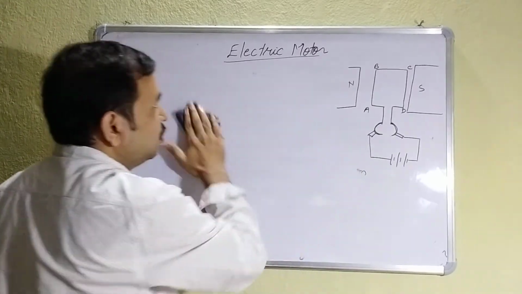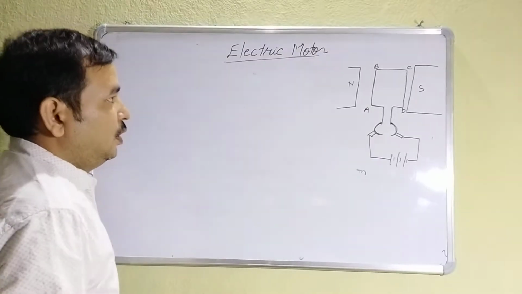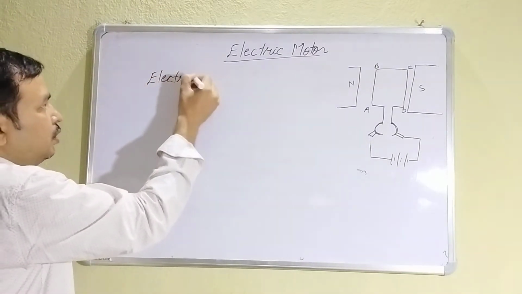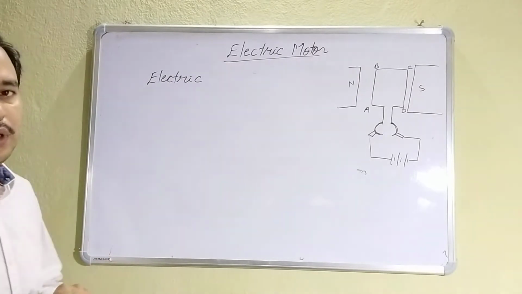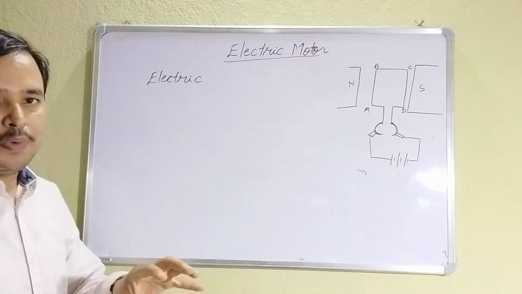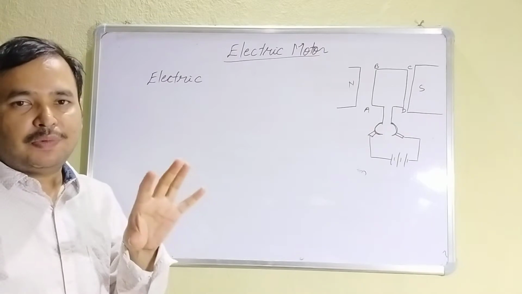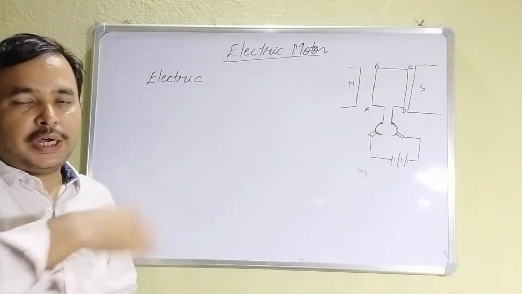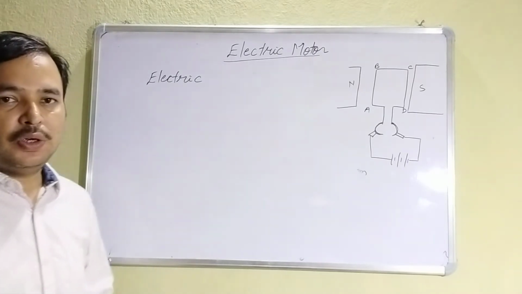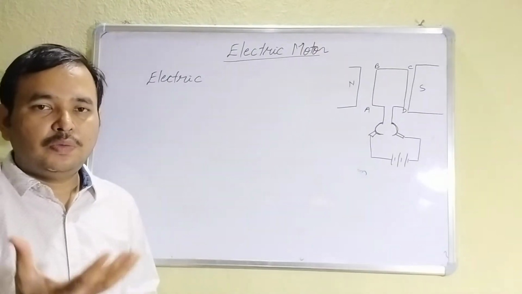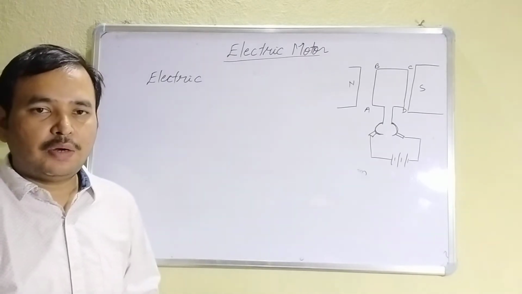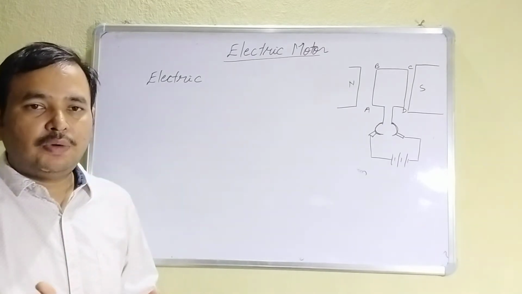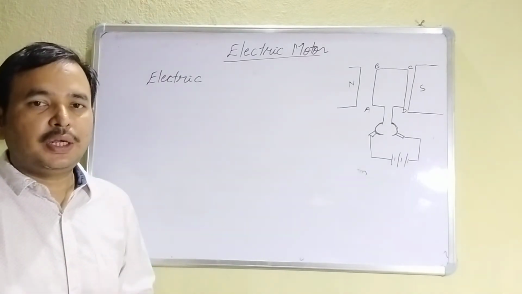Today we will discuss the electric motor. You have seen an electric motor in your house. An electric motor is a device in which you provide electric current, electrical energy, and it starts to rotate, giving kinetic energy, that is mechanical energy. Or a motor on a tube well, when you provide current, takes water out from the ground, increasing its potential energy, which is mechanical energy.